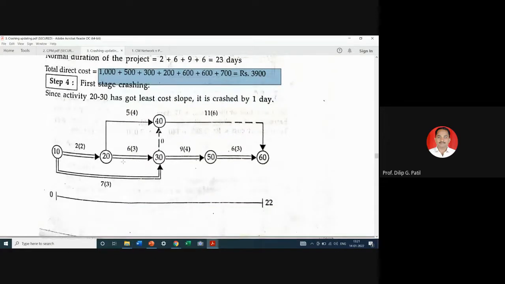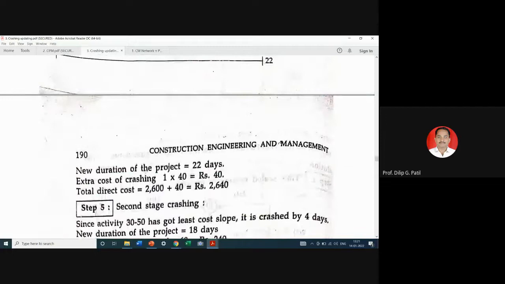Here you can see new duration of the project will be 22 days.